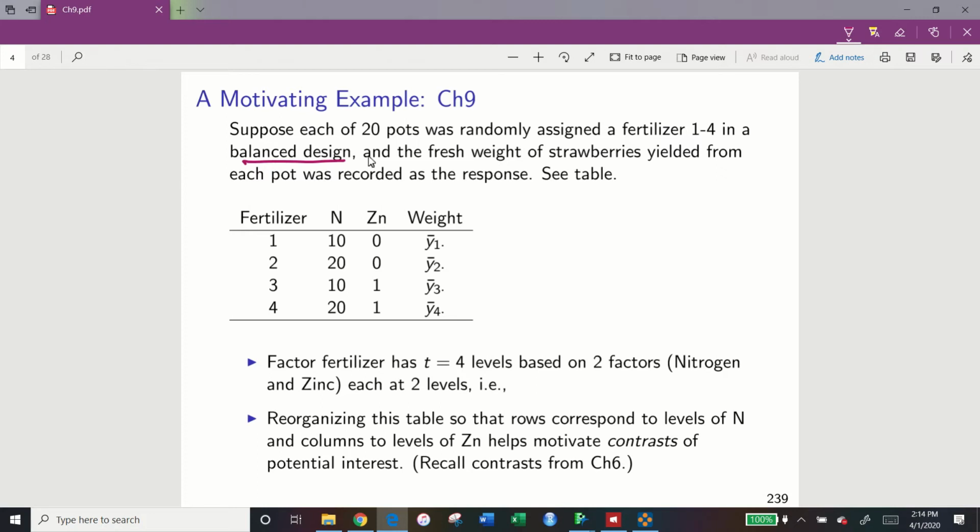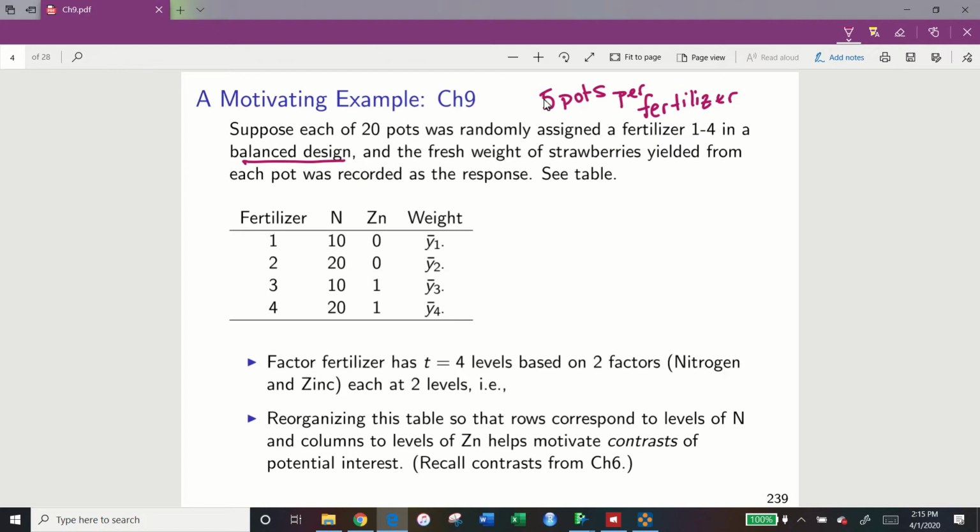So if we have 20 pots with 4 fertilizers, that means we've got 5 pots per fertilizer. And for us, we're going to measure the weight of fresh strawberries as our response, because ideally we're going to want to select the best fertilizer that will produce the most strawberries.